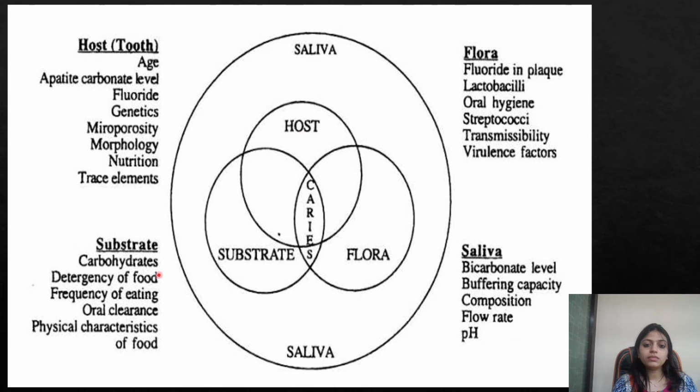Substrate includes carbohydrates, the detergency of the food, and frequency of eating of food, oral clearance, how fast the food is getting cleared, and physical characteristics of the food, whether it is sticky or non-sticky. Okay, then saliva: the bicarbonate level, buffering capacity, composition, flow rate, and pH of the saliva. So all these factors play a role in causing ECC.